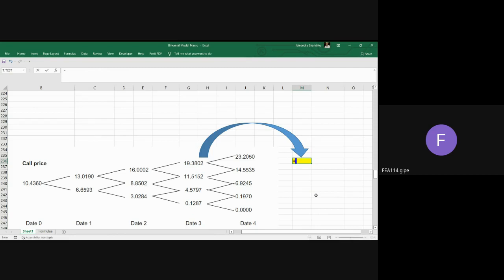It's coming because of QU into the price of 23.20 plus QD.